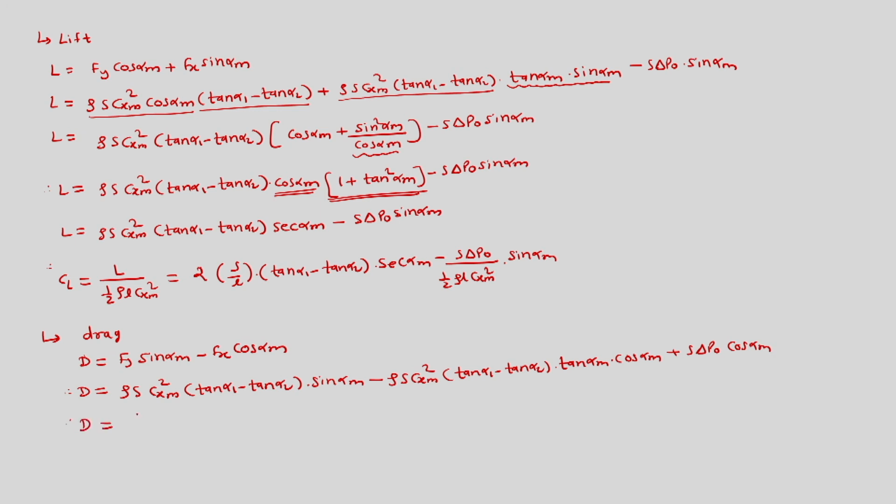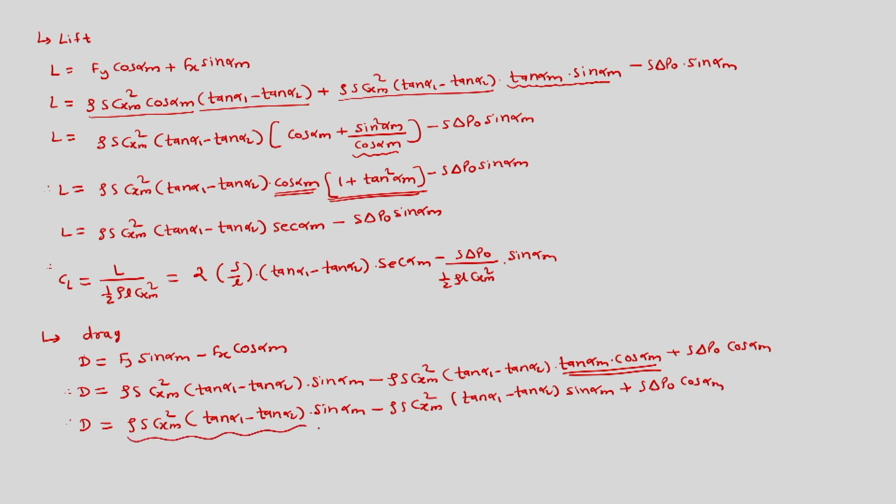So, we have D is equal to rho s Cxm square into tan alpha 1 minus tan alpha 2 into sin alpha m, minus rho s Cxm square into tan alpha 1 minus tan alpha 2, and these two terms combined will make sin alpha m. So, we will have s delta p naught cos alpha m.